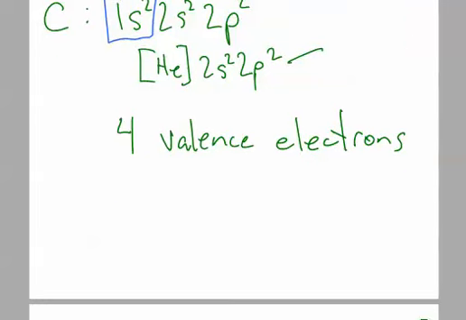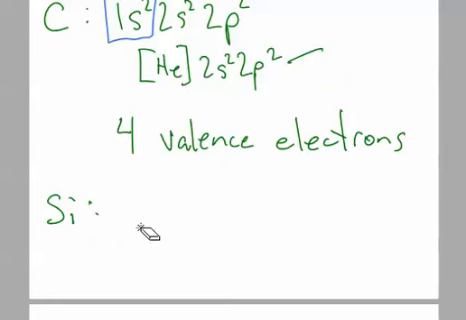Let's do silicon. Okay, so silicon, element number 14. We're going to begin with the same place, 1s2, 2s2, 2p6, 3s2, and then we're going to come to the 3p's. So I'm going to write the condensed formula starting at the previous noble gas, which would be neon. No, you know what?